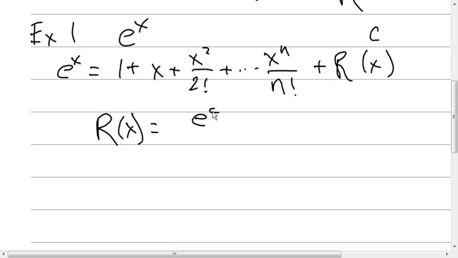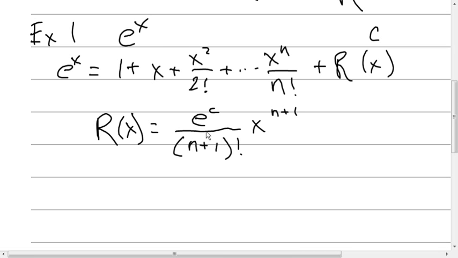That's that magical value that's going to exactly fill in the remaining amount for e to the x after the polynomial's done, over n plus 1 factorial, times x to the n plus 1. Now, I told you we don't know what e to the c is.